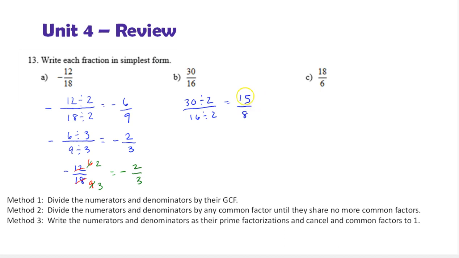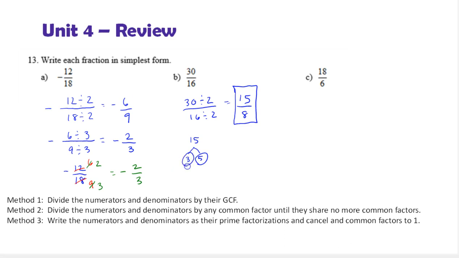Now I notice that they do not share any common factors besides 1. 15 is 3 times 5, 8 is 2 times 2 times 2, so this result is completely simplified. Okay. Notice what I did, and it sort of connects to method number 3. To determine if it was completely simplified, I thought of its prime factorization.